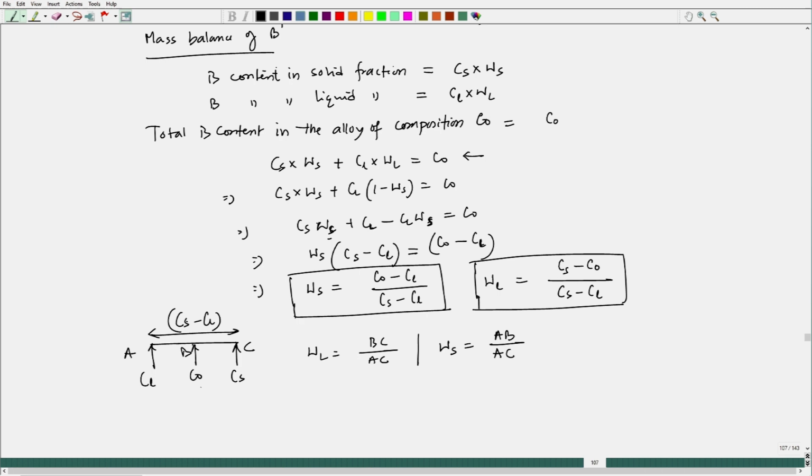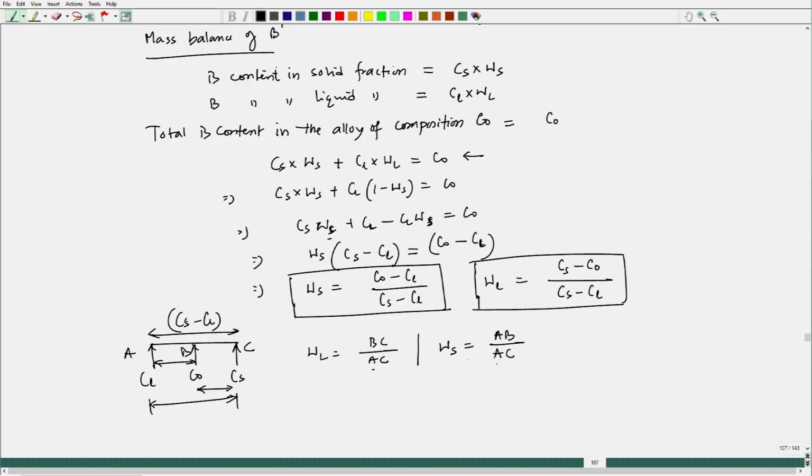Now let us see whether it is following. BC is nothing but this difference, Cs minus C naught, and AC is nothing but this difference. And AB is nothing but this difference, which is C naught minus Cl, and AC is nothing but Cs minus Cl.